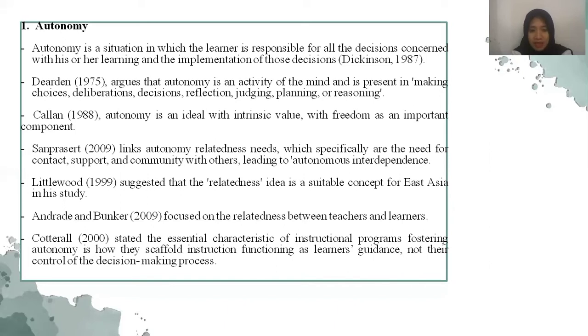Andrade and Bangkor 2009 focus on the relatedness between teachers and learners in autonomy, because teacher and learner also have relatedness in autonomy. The teachers can guide the students to be autonomous learners. Based on Cottrell 2000, the essential characteristic of an instructional program fostering autonomy is how they scaffold instruction, functioning as learners' guidance, not their control of the decision-making process.